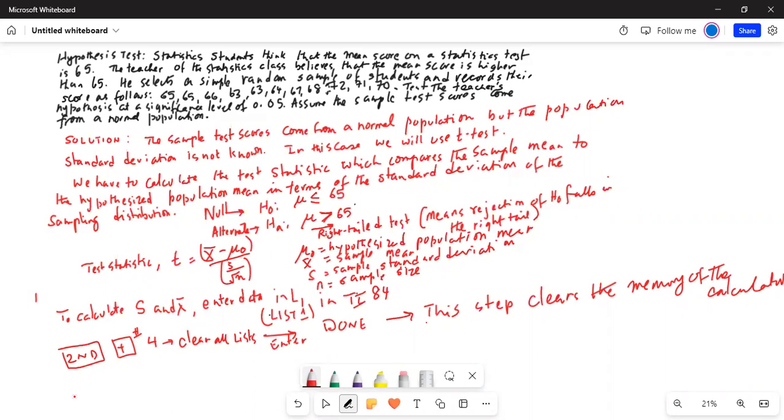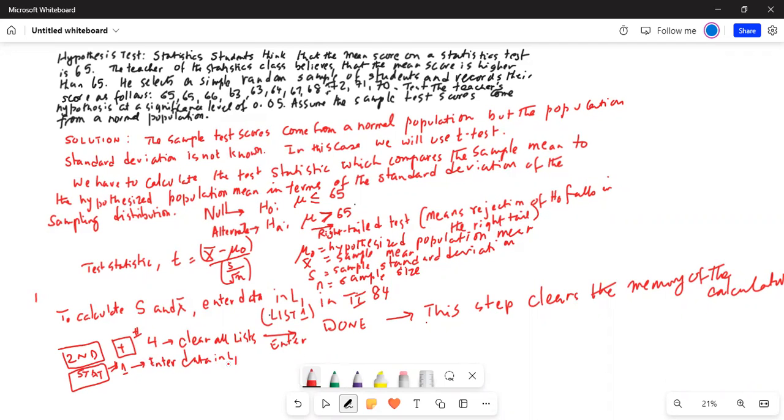Now what do we do? Press the stat button and then number 1. Enter data in L1. So stat button, number 1, enter data in L1. What data are we going to enter?